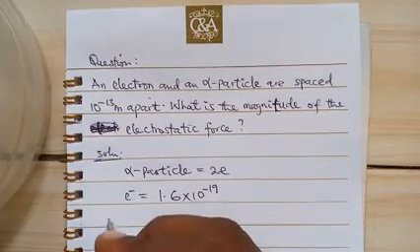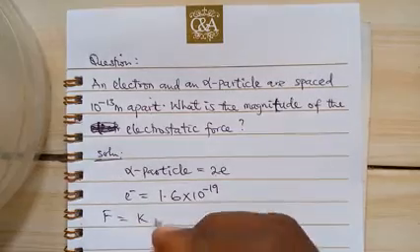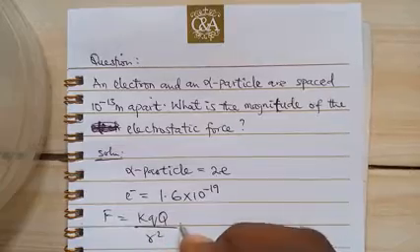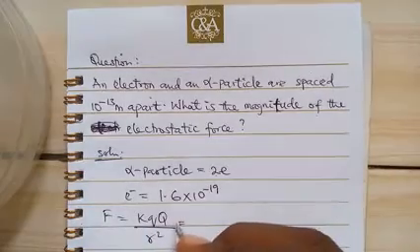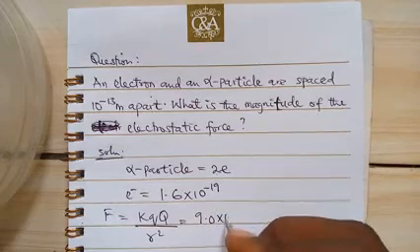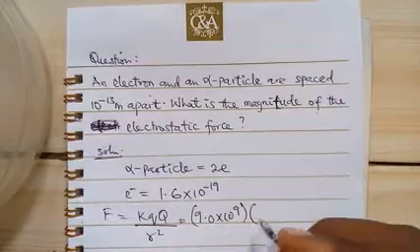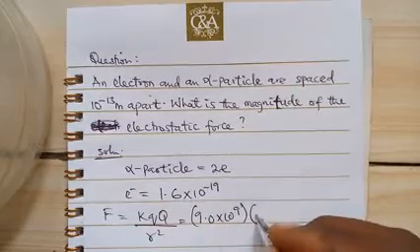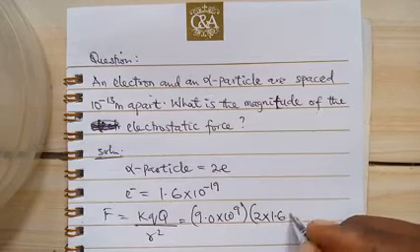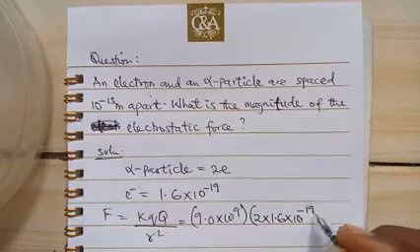So for us to get the force, F is giving us K, Q, q over r squared. If you are to fix the values, remember our K is 9.0 times 10 raised to power 9 times the alpha particle, which is 2 times 1.6 times 10 raised to power minus 19.